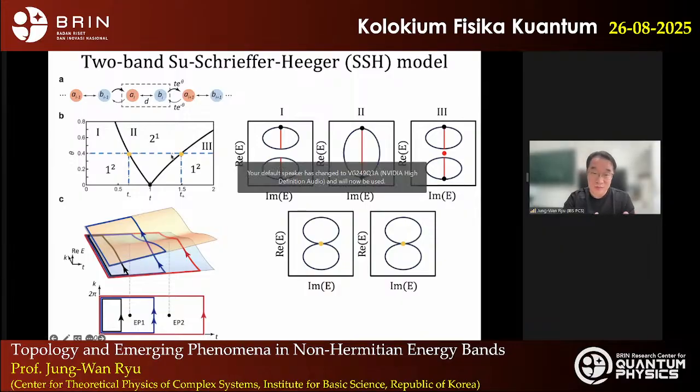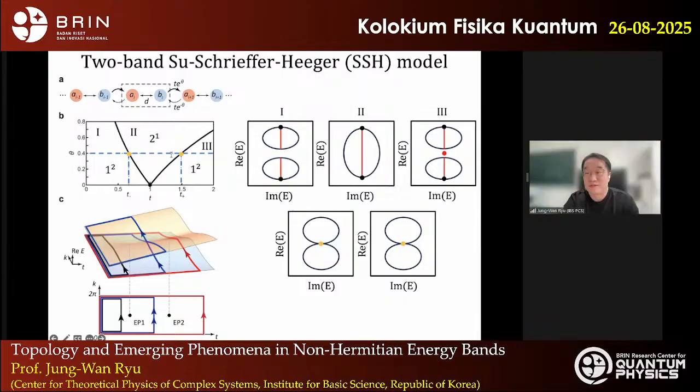Both are possible. And how do we detect an exceptional point in experiment? It's not easy in experiment. In theory, it's not difficult because we can find that the real parts are the same and the imaginary parts are the same. However, in experiment, the spectrum or energy we can detect easily, but the width is not so clear.